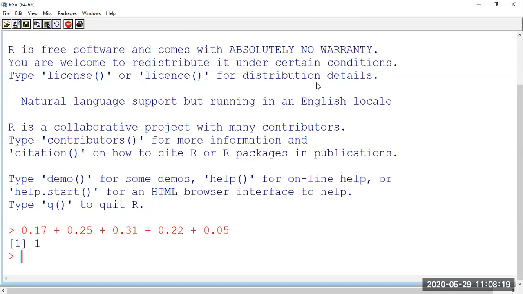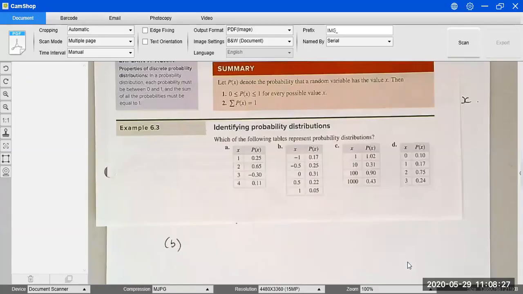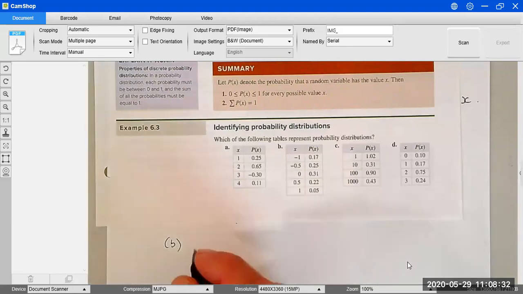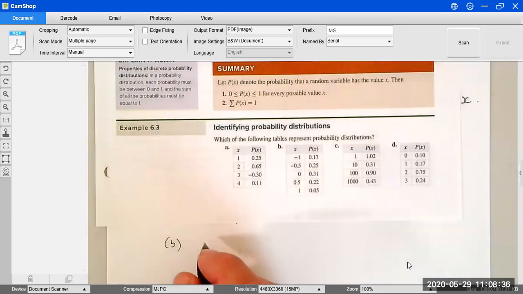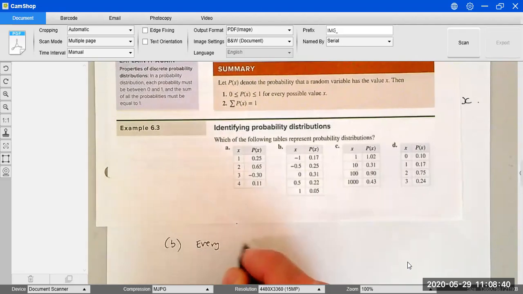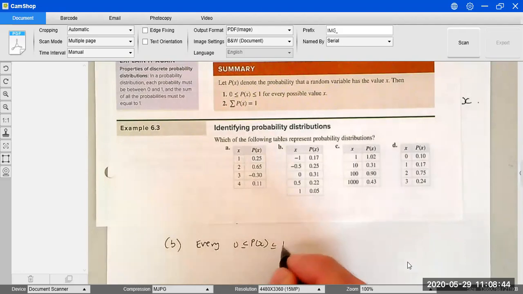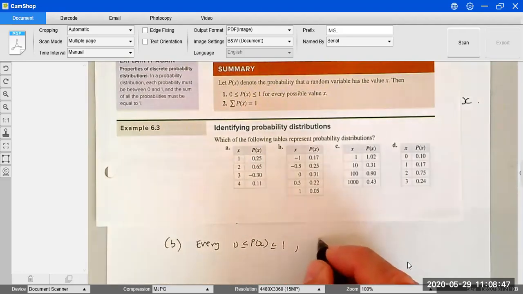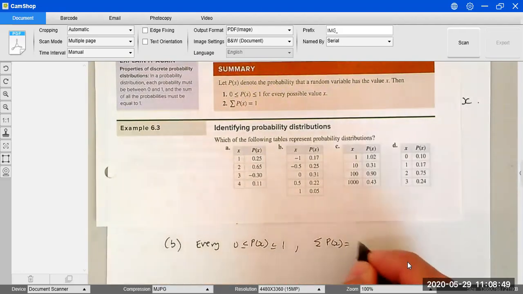Perfect. So it seems that there are no other situations preventing us from saying that this is a probability distribution. So for B, every value satisfied the condition. Every P of x was between 0 and 1, and also the sum of the probabilities was exactly 1.